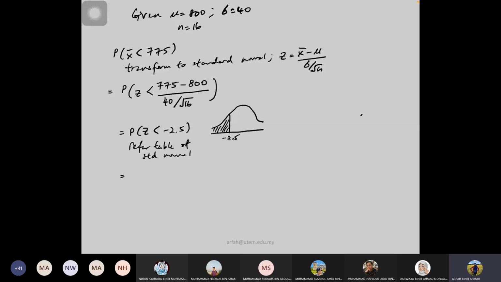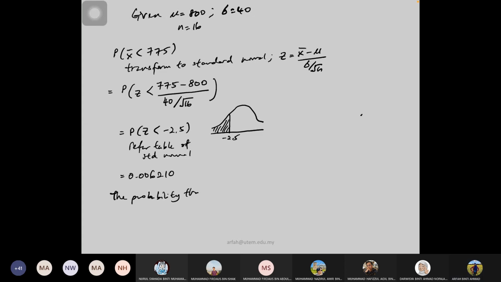So, terus cari daripada table akan dapat probability of Z less than negative 2.5 akan sama dengan 0.006210. Okay.